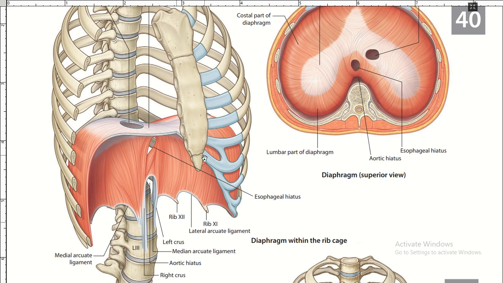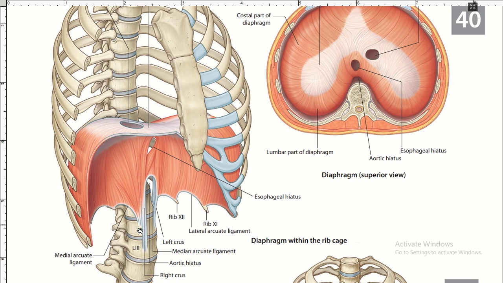And then costally, you're going to have the diaphragm originating from the lower 6 costal cartilages and ribs. In the vertebrae, the diaphragm is going to attach via muscular bands that are referred to as crura.